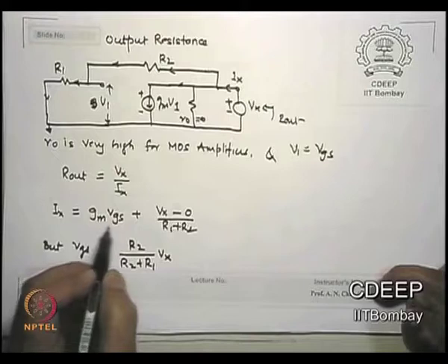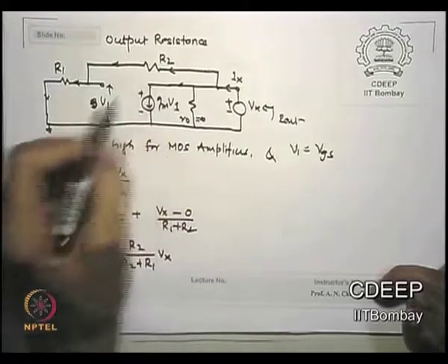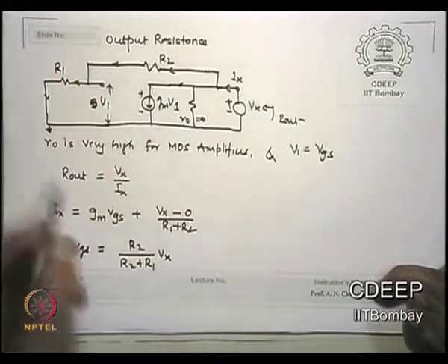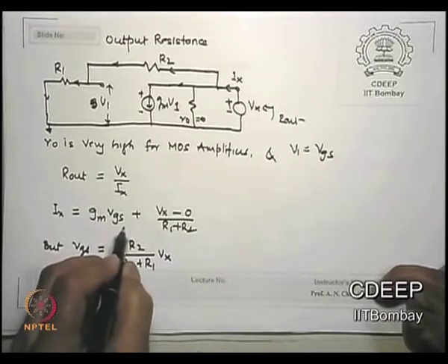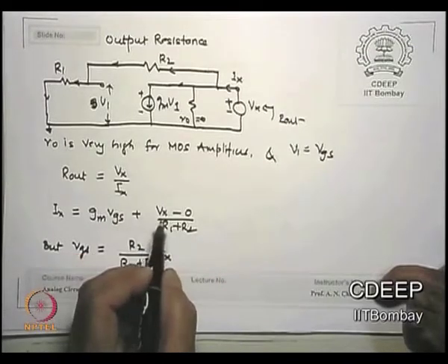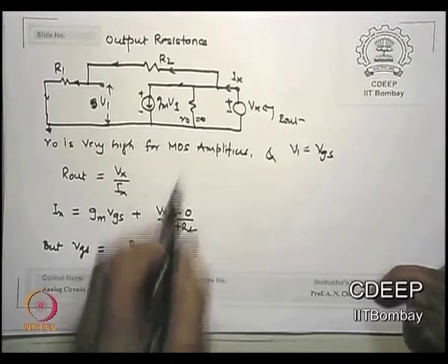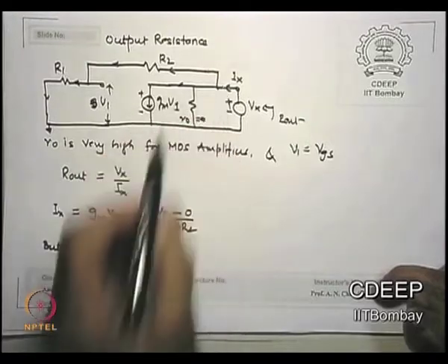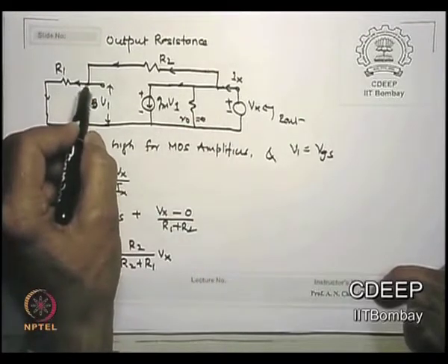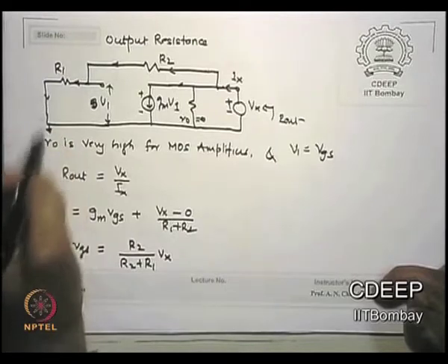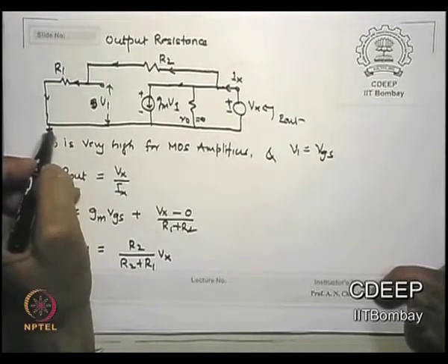So Ix is Gm VGS, and V1 is VGS as I just said. So Ix is Gm VGS plus Vx, please remember, Vx minus 0. Why is it 0? You grounded this terminal, made Vin 0.